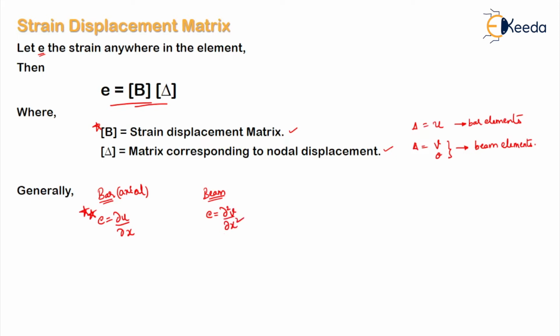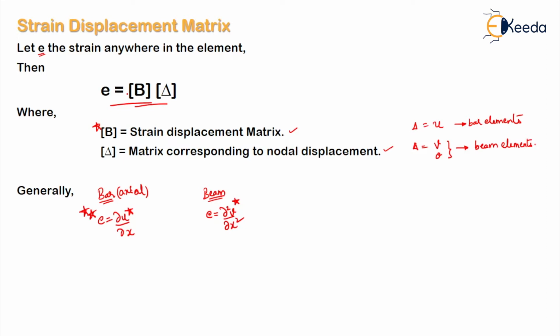So if you partially differentiate the displacement U in the bar element, you get the strain, and if you partially differentiate twice the displacement V in the beam element, you get the strain. Capital B is the strain displacement matrix.